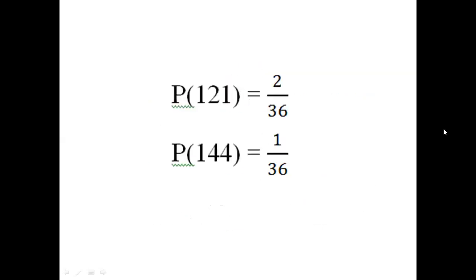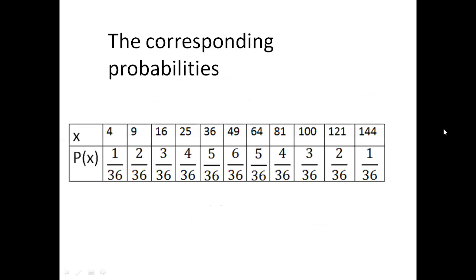So by drawing all this in a table, X is the random variable. For this random variable, the events are 4, 9, 16, 25, 36, 49, 64, 81, 100, 121, 144. These are all the events.